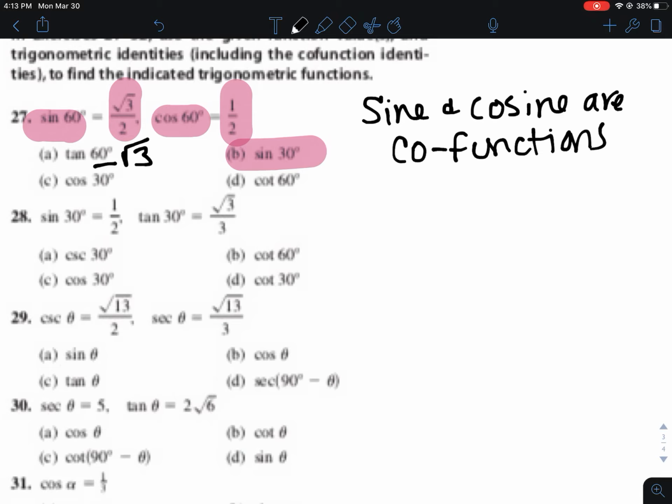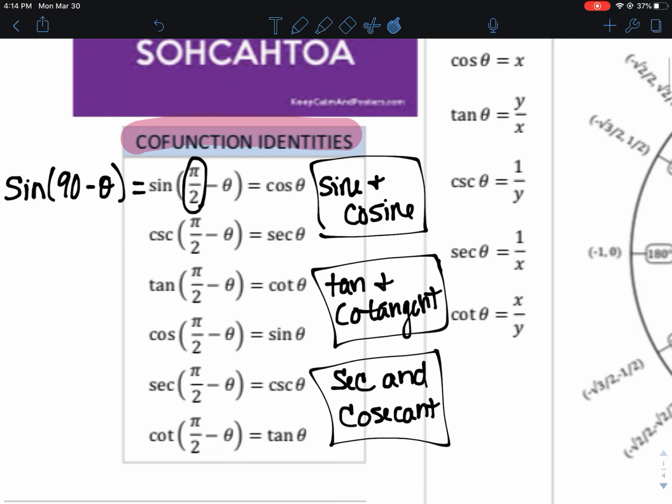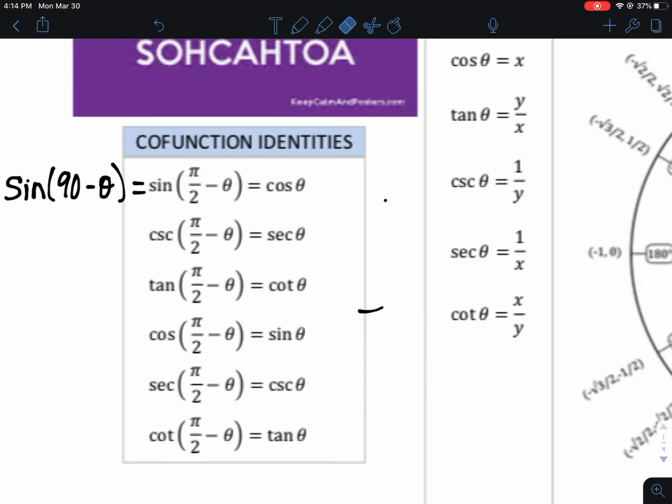right? So if we think about co-functions, if we look at our cofunction identities all the way up here, we're looking for the values that are complementary, because here I'm saying they have to add to 90, right?